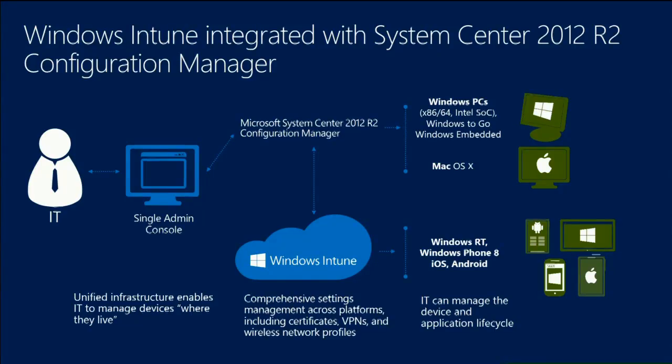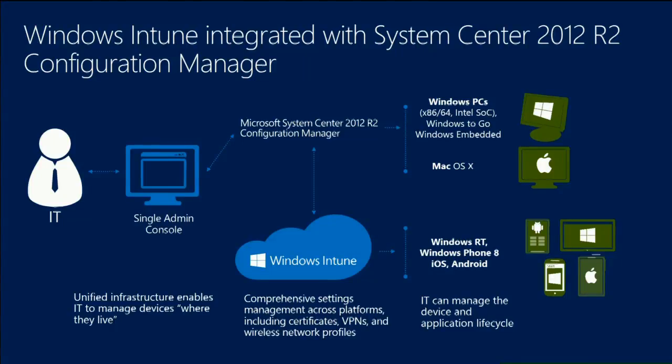From the infrastructure perspective, Configuration Manager hooks up to Windows Intune using the Windows Intune connector, and the connector basically gives the mobile device management functionality and feeds data into Configuration Manager. On the right-hand side of this diagram, you have traditional PCs, Mac OS, Linux, and Windows embedded devices.